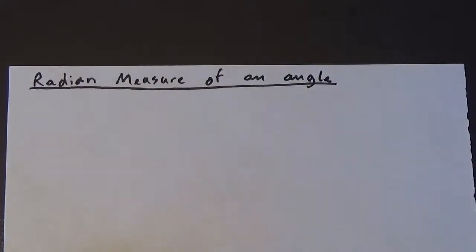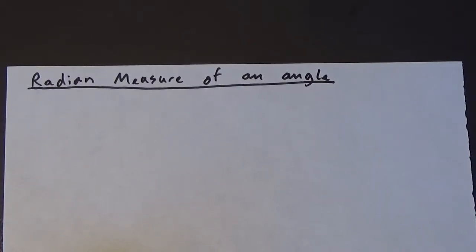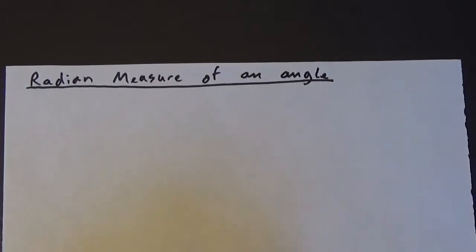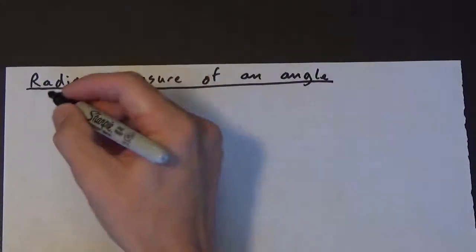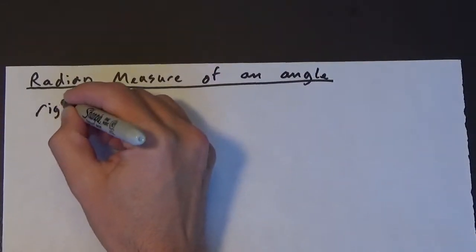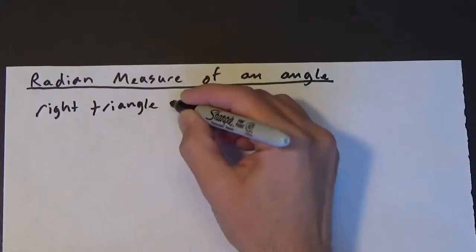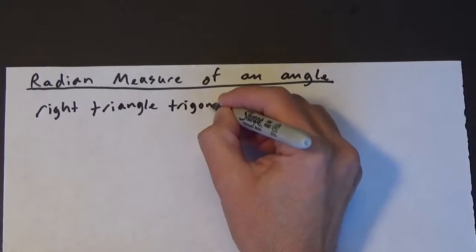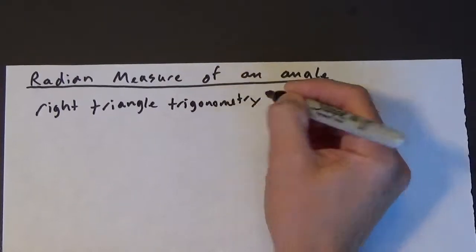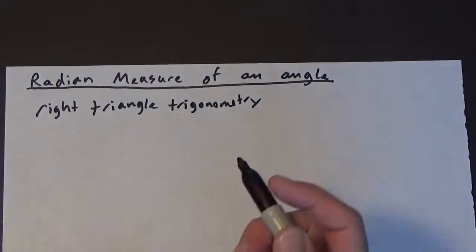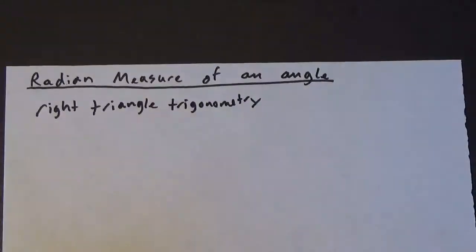In this video, we're going to learn a new measure for an angle called a radian measure. So in the last video, I believe I stated that there's two types of trigonometry you're going to work with in this class. We're going to work with right triangle trigonometry, and in right triangle trigonometry, we've already been working with that.